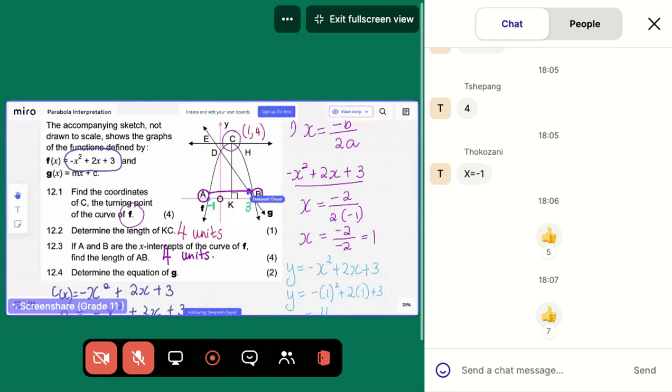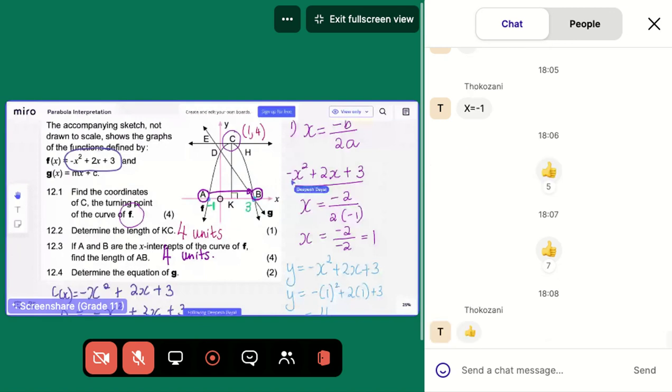Now we're going to do the next one. Determine the equation of G. And what graph is that? Anybody can answer. What graph is G? What do we call that graph? Is it linear or straight line? Great. Linear or straight line.